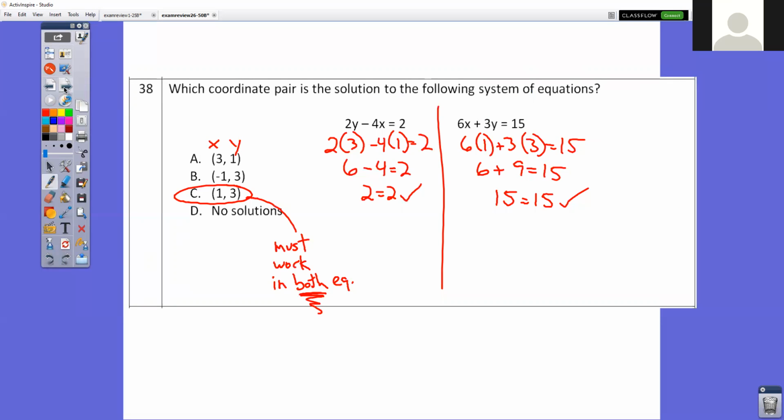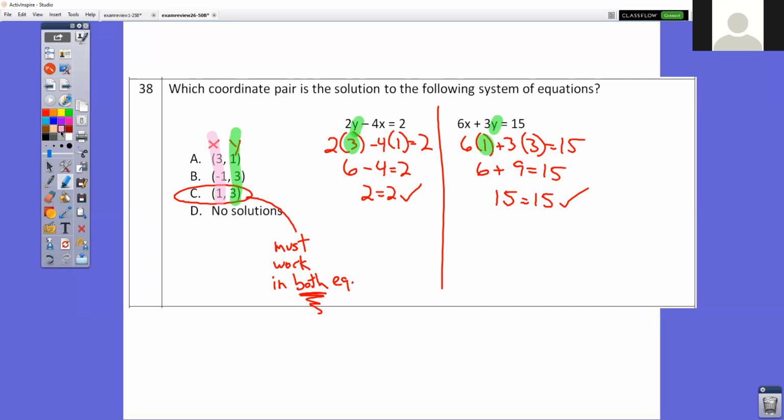In question number 38, I think this is a hard one for a lot of people too. These are your x values. These are your y values. We want to know which of these three is a coordinate pair, is a solution to the system of equations. So we need to take our y values and sub them in for y.